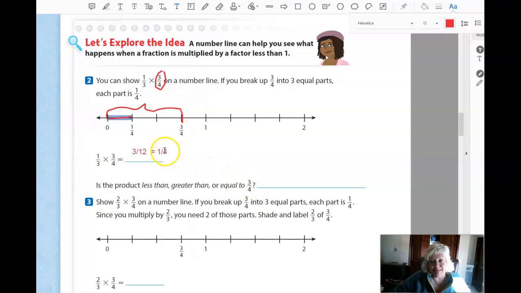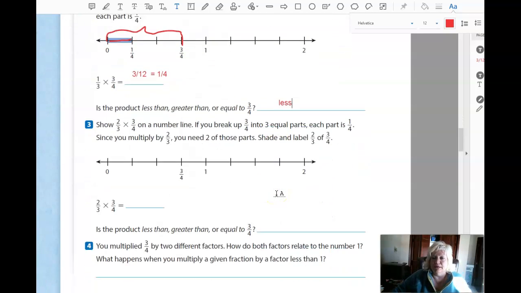It's going to be less than 3/4 because our fraction was less than 1. If I multiplied 1 times 3/4, that would mean I had 3/4, but I don't. I had a fraction, I had a lesser, so it's going to be less.